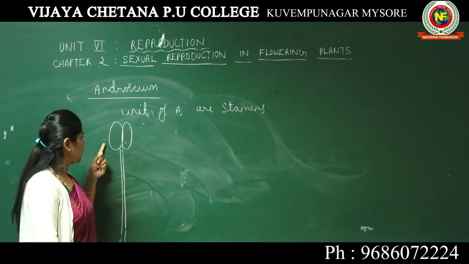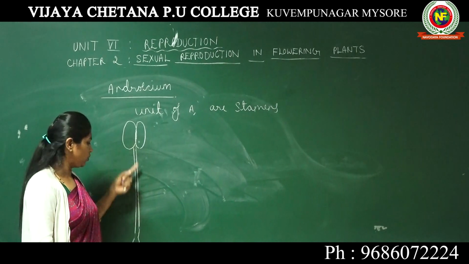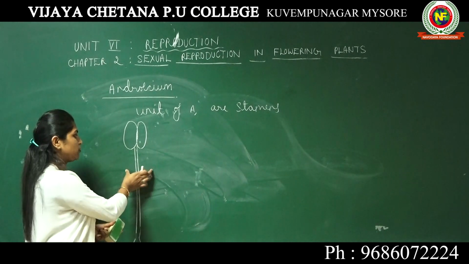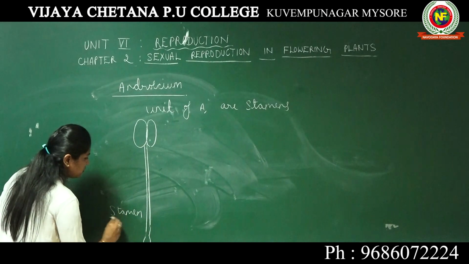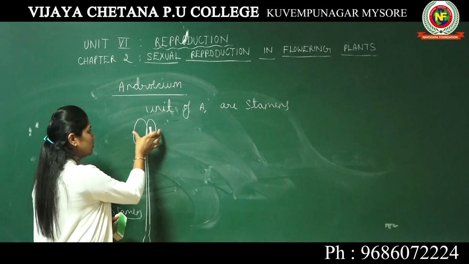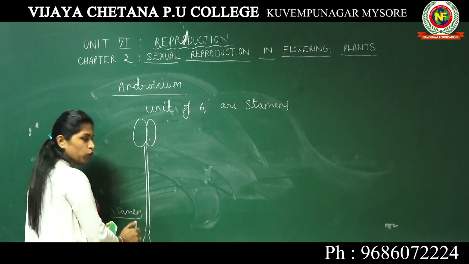A stamen in a typical picture looks like this. Stamen has 2 parts, this upper part and this lower part.